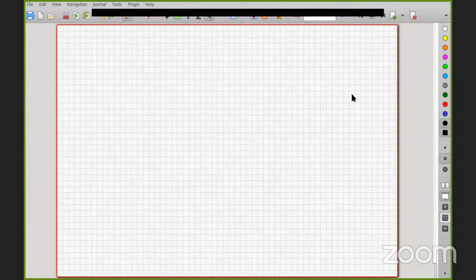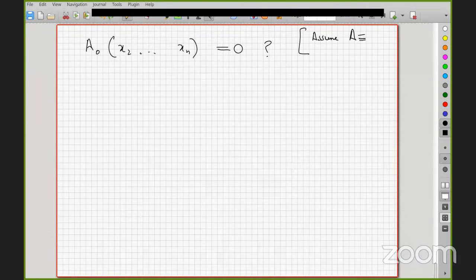So now first thing is, can A0 of x2 to xn be equal to 0? A0 is obtained by substituting 0 in place of x1, and we assume A0 is not identically 0. A0 is real stable. So this cannot happen, because A0 is also real stable.